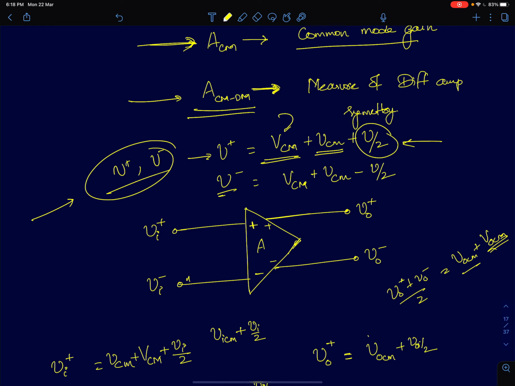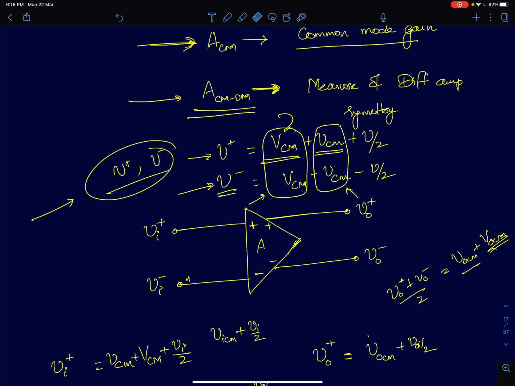Now if you see V minus, which is the other differential node in the differential system, it will also have the same DC component VCM. It will also have exactly the same small signal common mode component, small VCM. And the differential component will have different polarities.